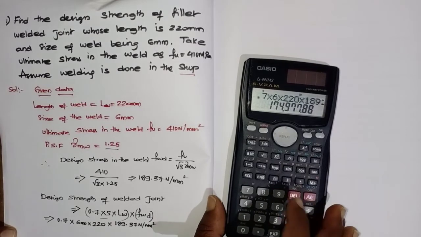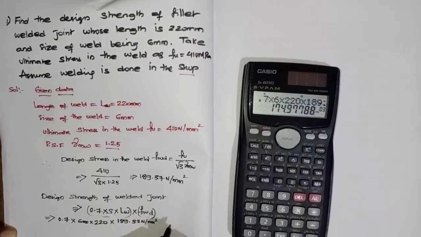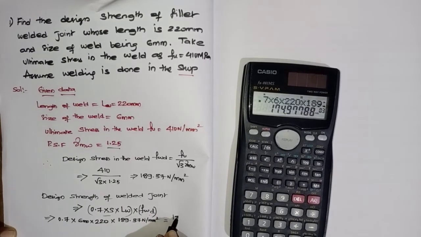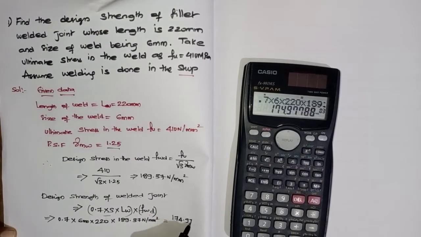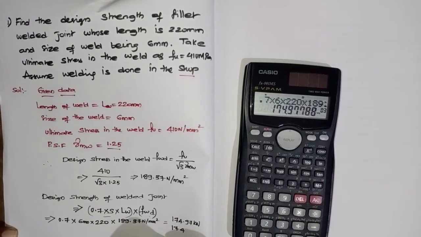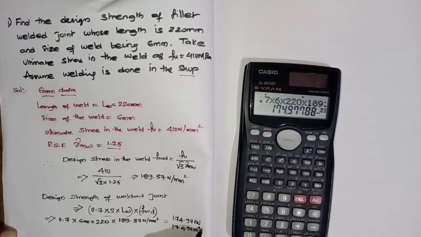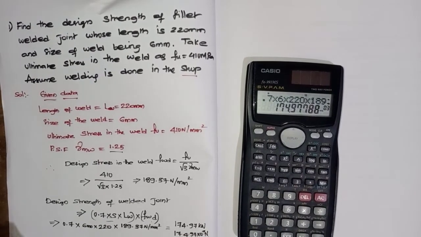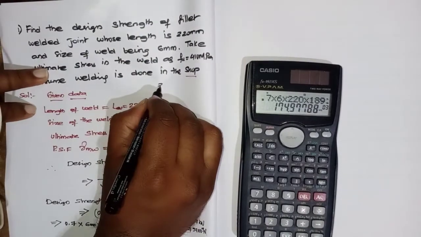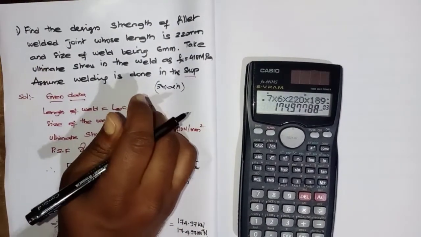So how much you are getting? Which is equals to 174.97 kilonewtons, or 174.97 into 10 power 3 newtons. Okay, this is almost you may expect for how many marks? 3 marks. 3 marks question it is.